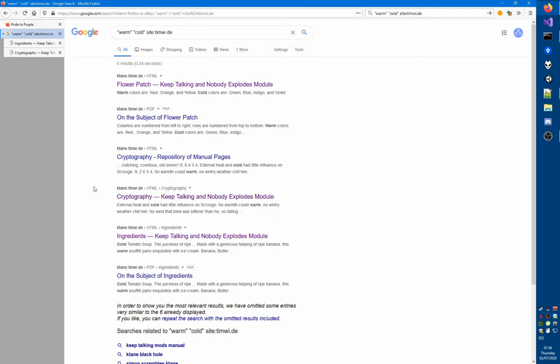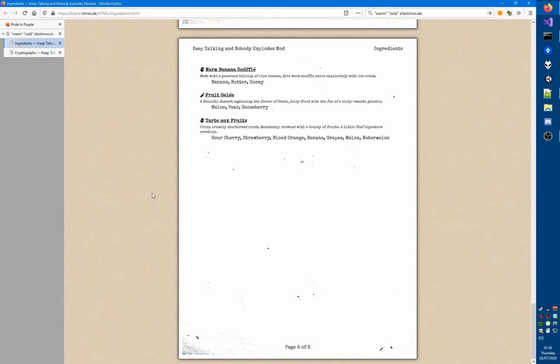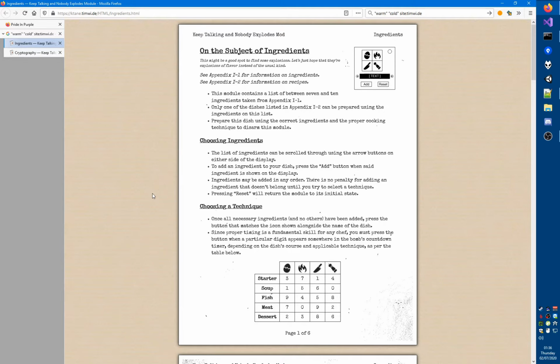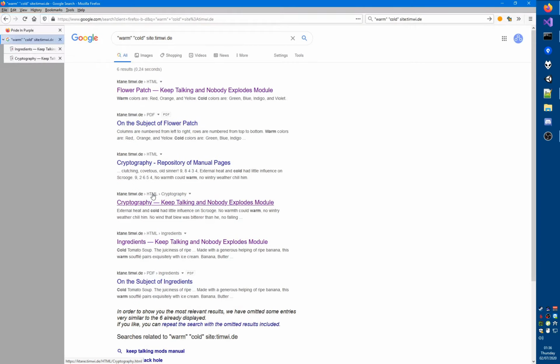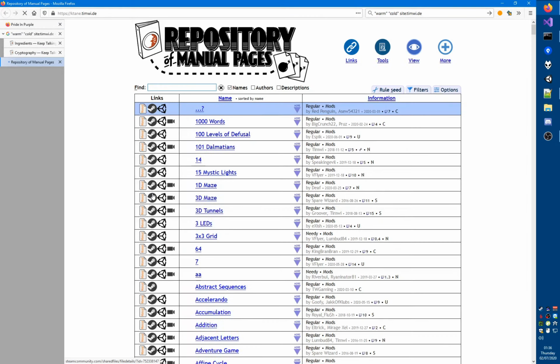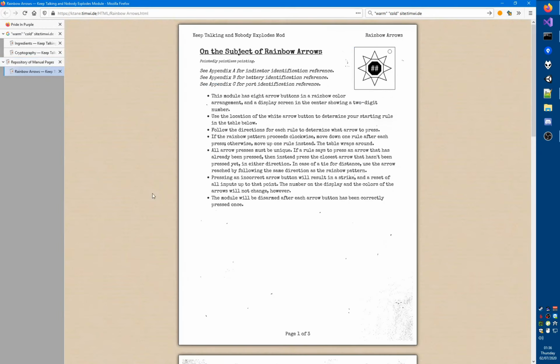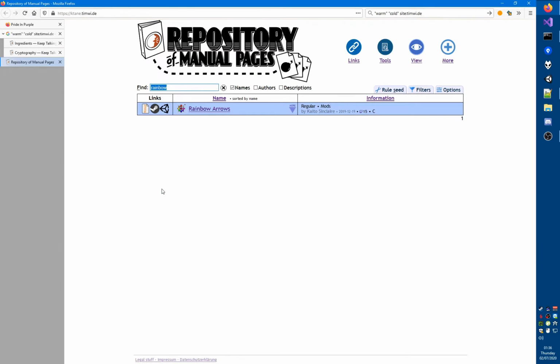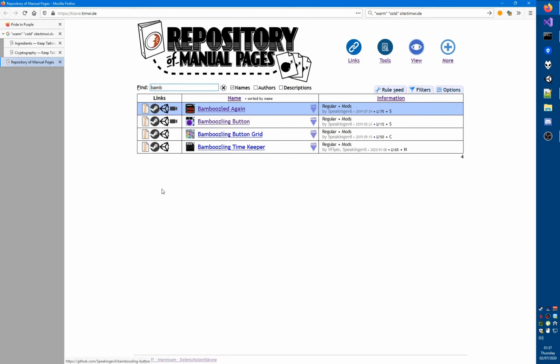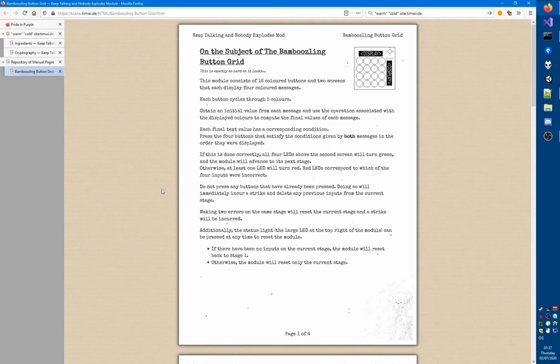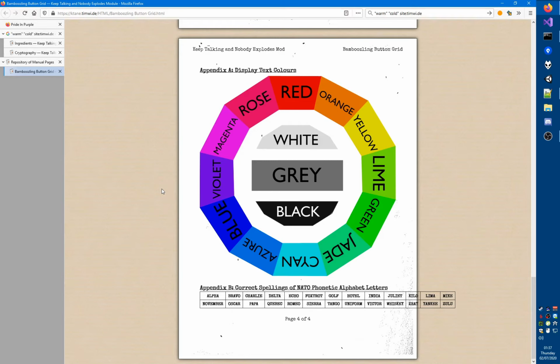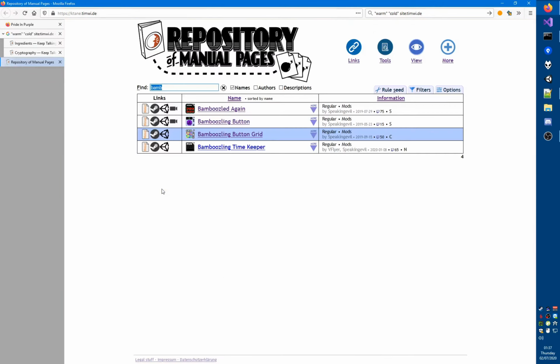I'm not quite sure why that wouldn't come up here. Let's just open these. Oh, wait. Rainbow Arrows? Let's just quickly check that. Rainbow Arrows. No. What was it? Something about, let's see, is it this? Aha! Okay, so this is the diagram that I was thinking of, but it still doesn't say cold or warm, so that's obviously not it.